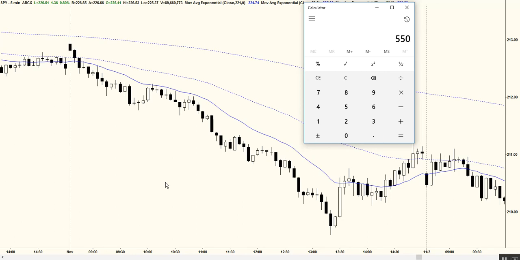So that would be your normal risk in the E-mini. If you sold this close and put your stop up here, you're risking $550. So if you got stopped out, hypothetically, which you probably would not, you're going to lose $550.